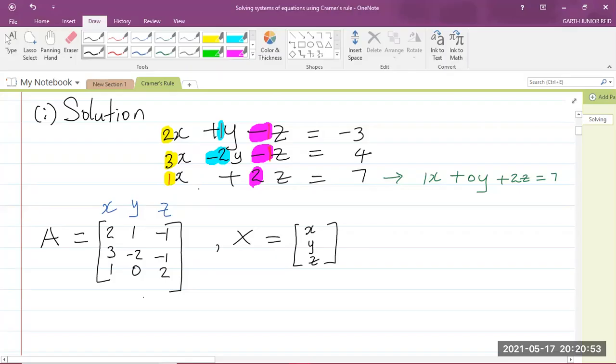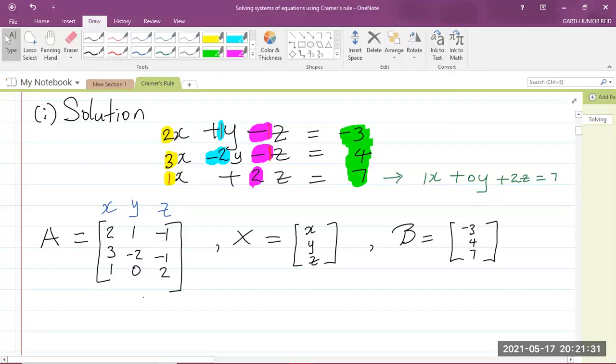If we were given this system of equations in p, q, and r, then the matrix X would be p, q, r. Now the matrix B is also going to be a column matrix, only one column, and it is going to be comprised of the numbers on the right-hand side of the equations. So matrix B is going to be -3, 4, 7.